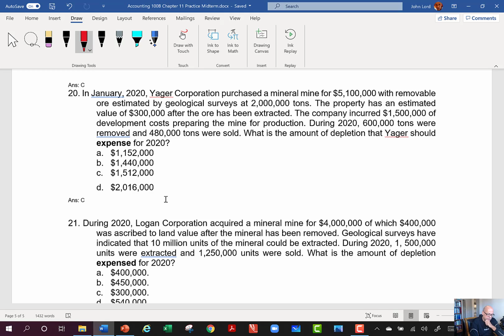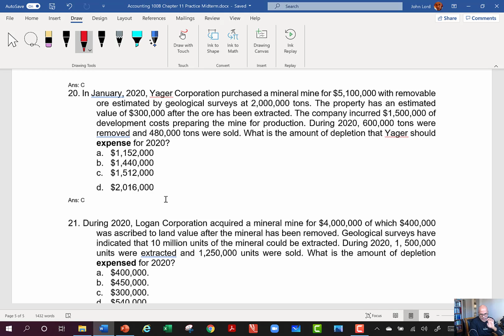So we've got this Jaeger Corporation purchased a mineral mine for $5,100,000 for removable ore estimated by Geological Survey at 2 million tons. The company has estimated the value of $300,000 after the ore has been extracted.